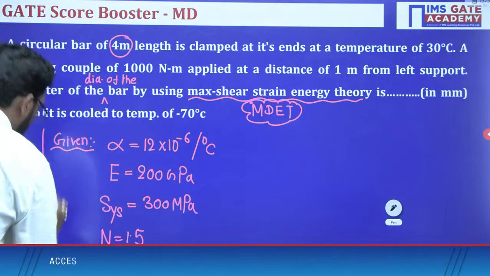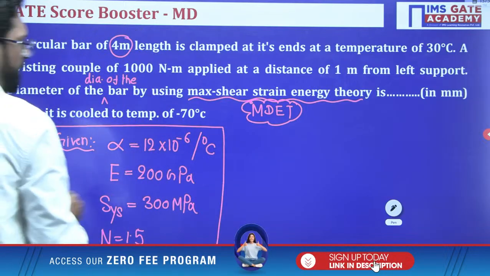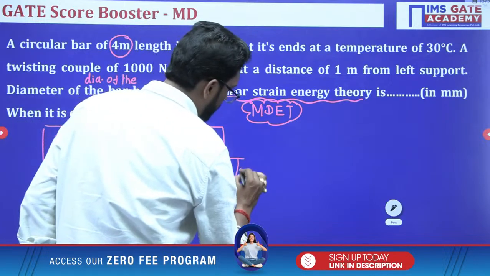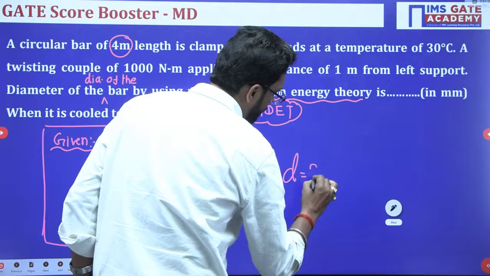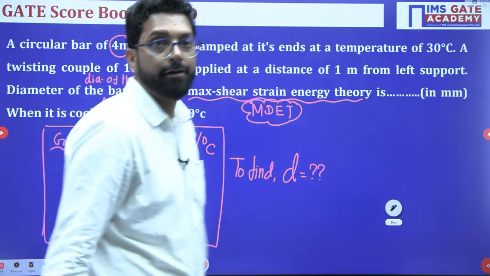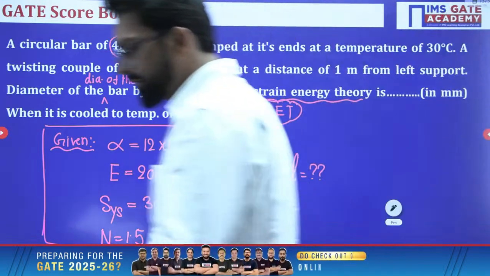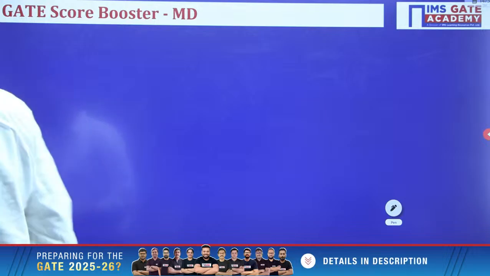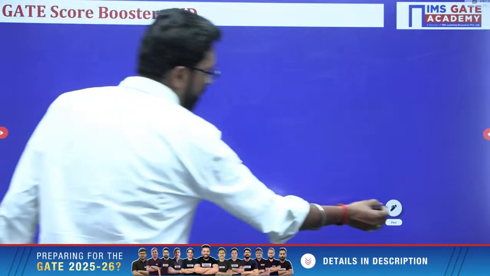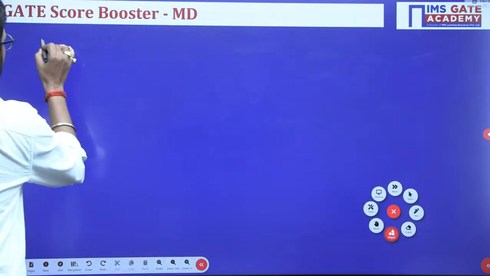We have to find the diameter of the bar. Clear? Okay, let's start. There are two supports. This is your bar, my dear.